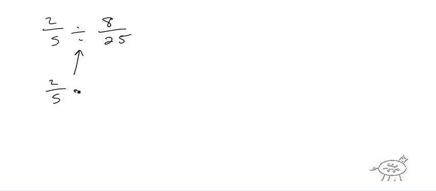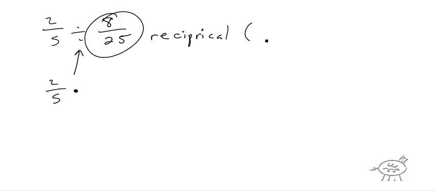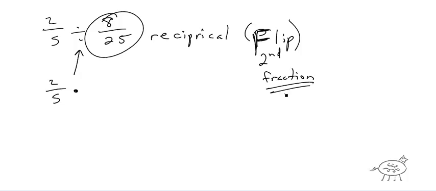So it's 2/5, and then it's times, and you do the reciprocal, or take the reciprocal, okay, that's the mathematical term, and the non-mathematical term is really you flip the fraction. But you flip the second fraction. That's important. Flip the second fraction. So 2/5 times 25 over 8.